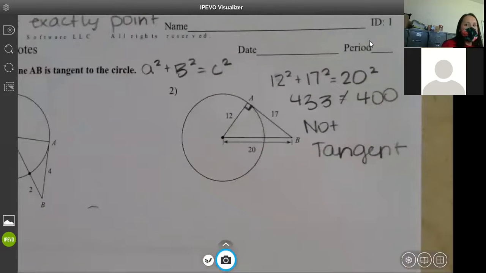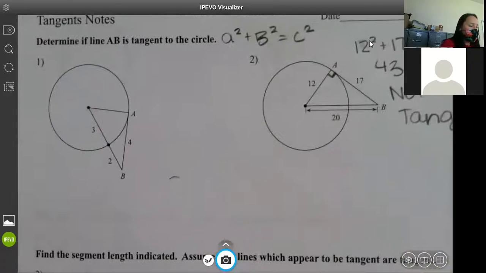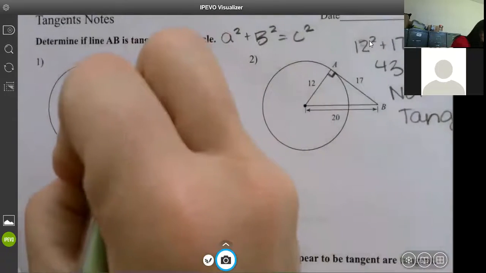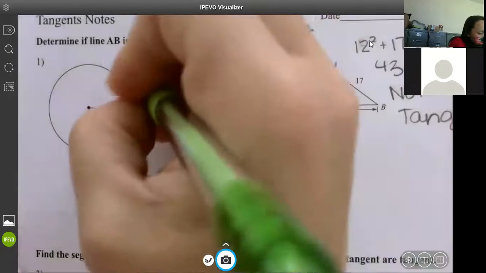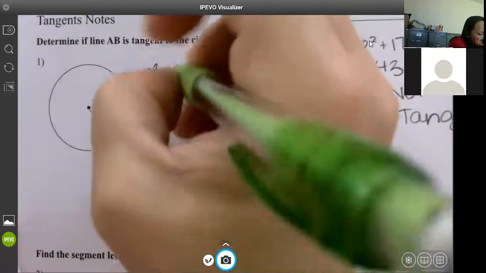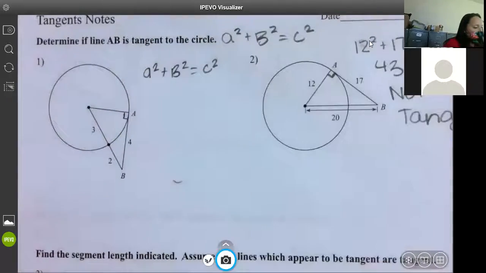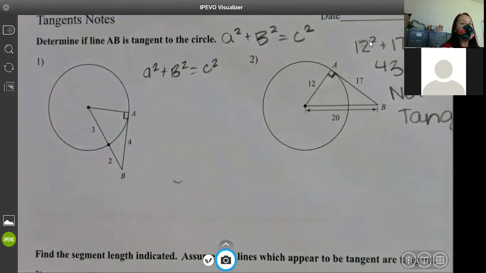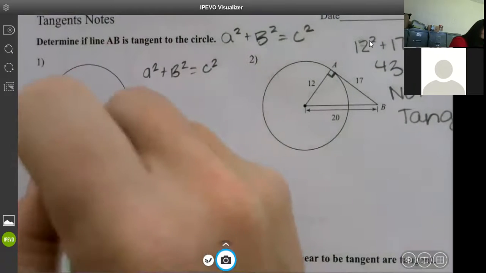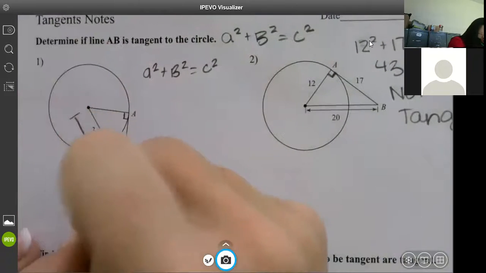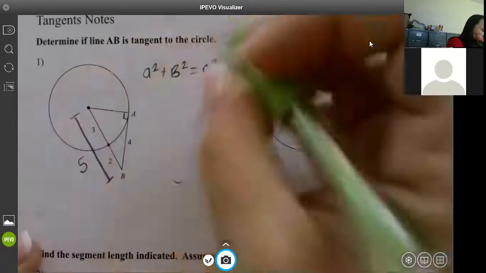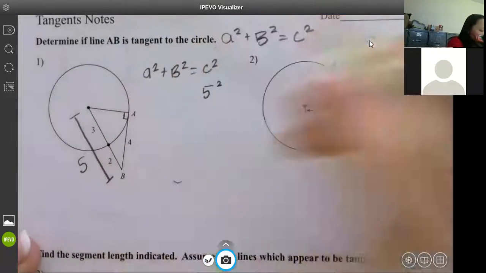All right. So we're going to check the other one. So our right angle is going to be here. Again, we're going to do a squared plus b squared equals c squared. I have my c. How long is our hypotenuse? 5. So sometimes you might have to add them up.